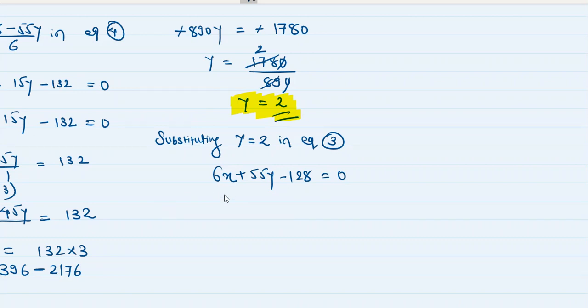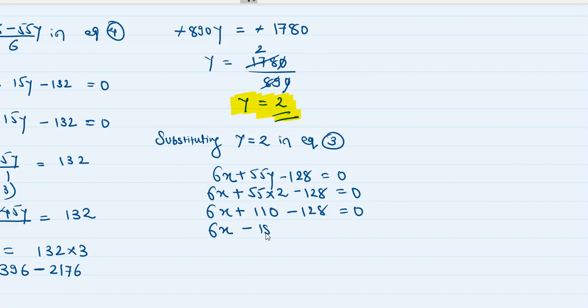right? So here I'm going to get 6x plus 55 into 2 minus 128 is equal to 0. 6x plus 110 minus 128 is equal to 0. 6x minus 18 is equal to 0. 6x is equal to 18. x is equal to 18 by 6 and therefore x is equal to 3. x is equal to 3.